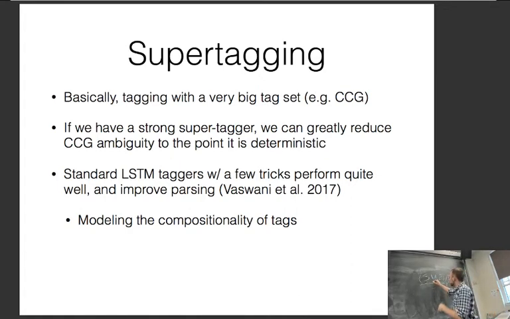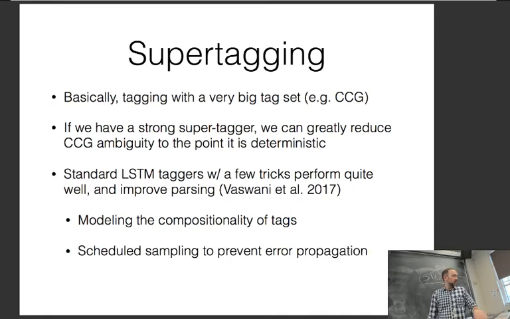So they take into account the fact that each tag is basically a tree of tags, and learn the representation for the tag appropriately. They also use a few tricks, like scheduled sampling, which I talked about before, to prevent error propagation. But overall, it's a pretty simple model, and it gets very good results here.